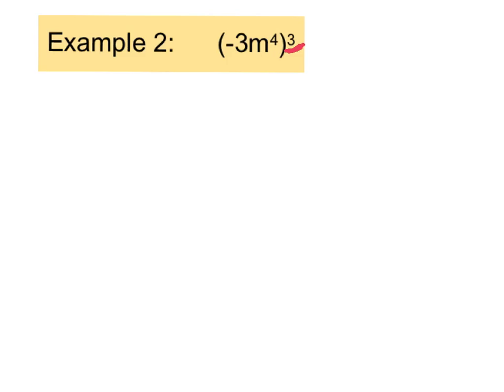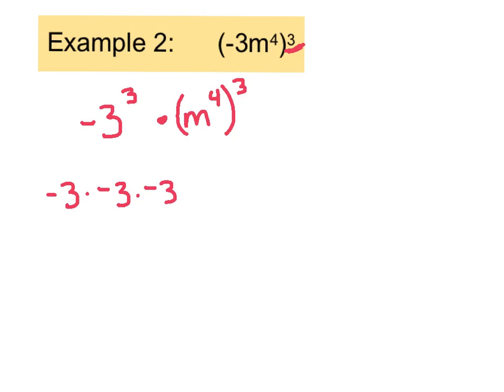So that means I'm really going to have -3 to the third power times m to the 4th to the third power. Okay, -3 to the third power means -3 times -3 times -3, and that will give me -27.